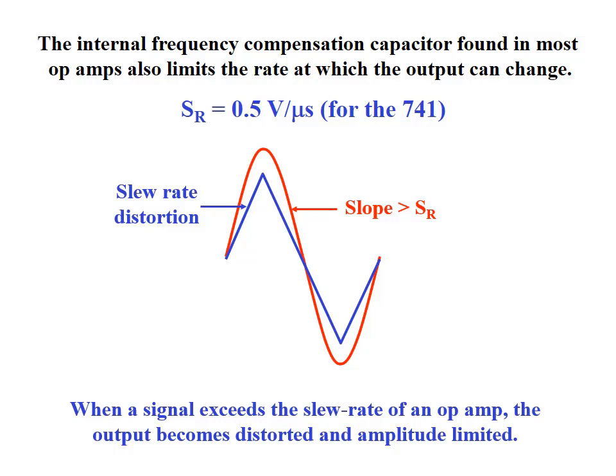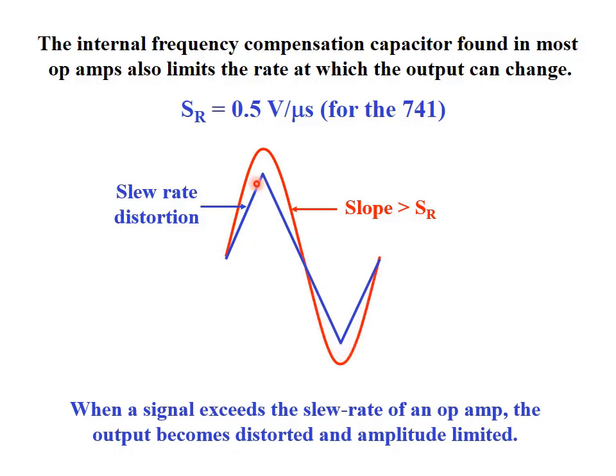We call this the slew rate, because if the signal is faster than the charging and discharging time, we will have an effect called slew rate distortion. And it's showing here, for example, a signal that has a high frequency.